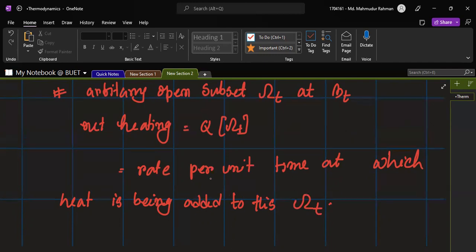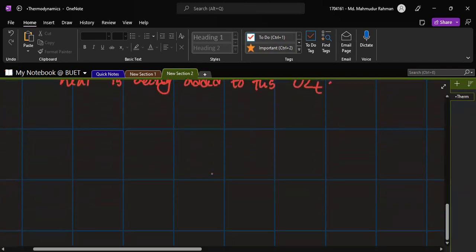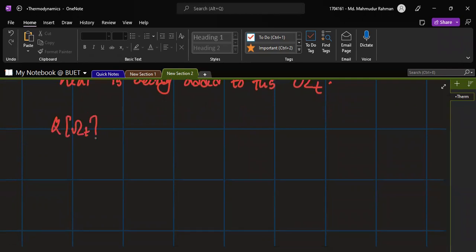We can decompose Q into two parts. This net heating, Q of omega t, can be decomposed into two parts. One is the body heating, and another one is the surface heating.